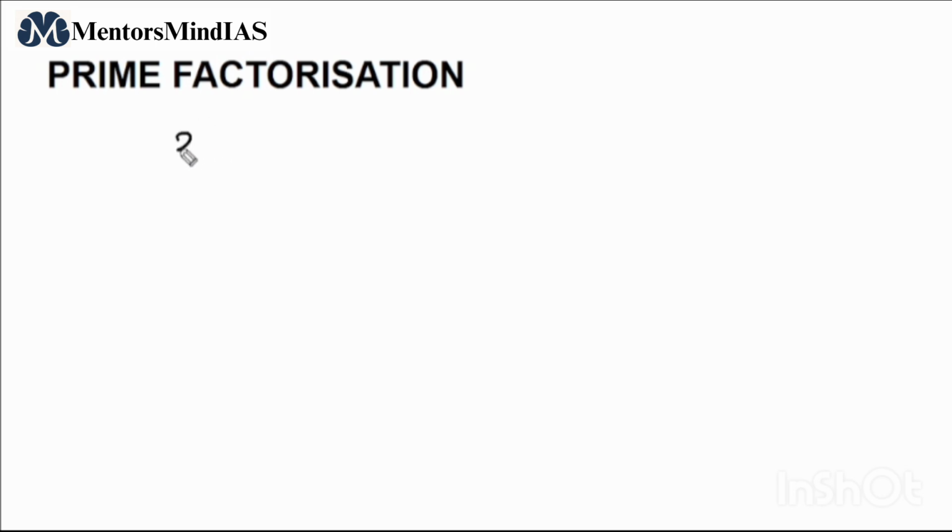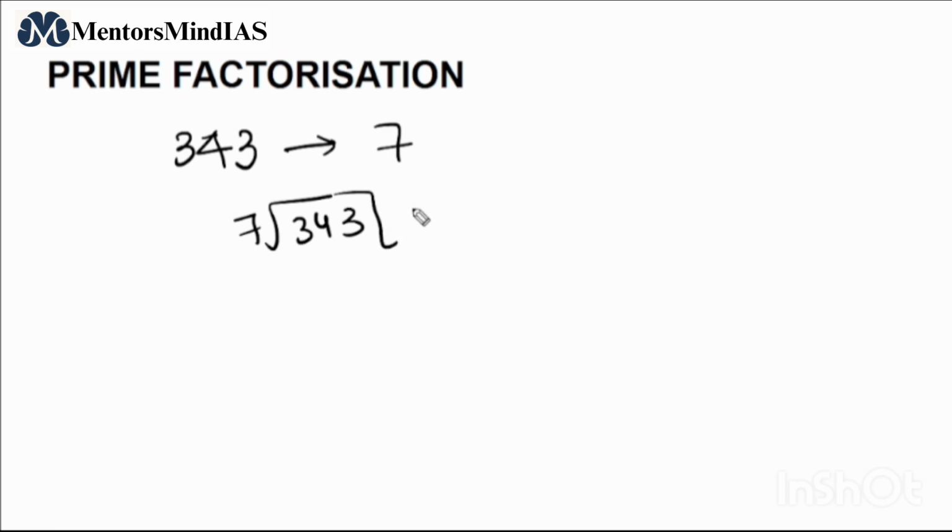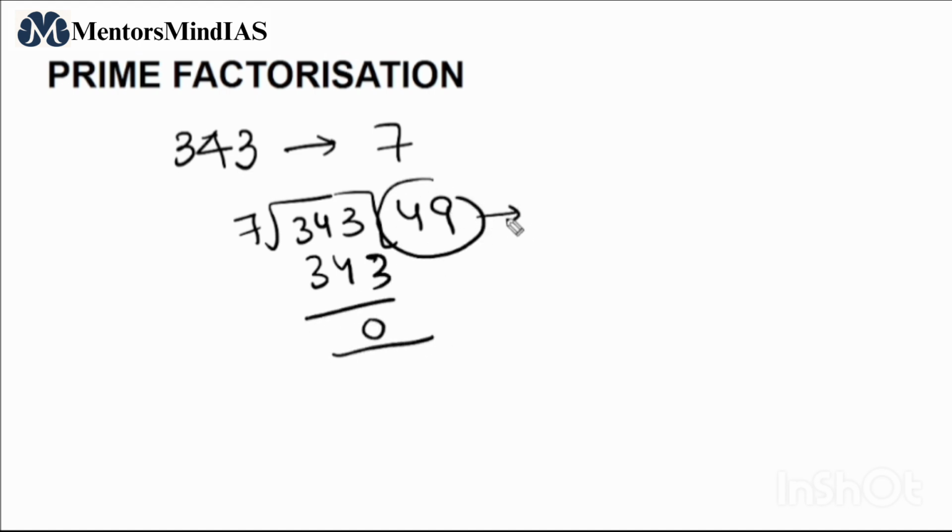Say 343. The least prime factor in this case is 7. So when you divide 343 by 7, your quotient is 49. Again, the least prime factor is 7 only.